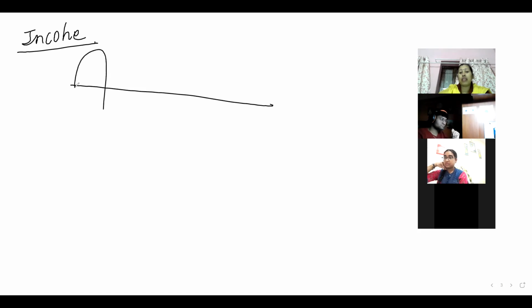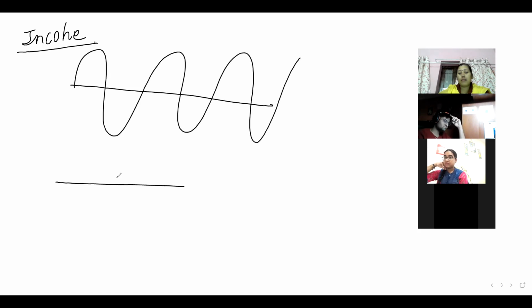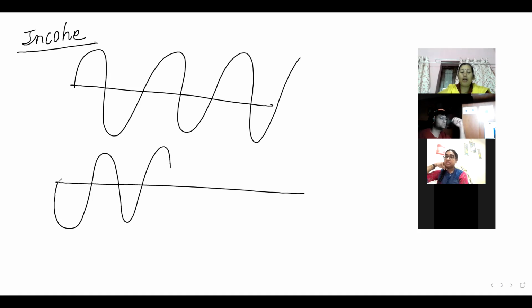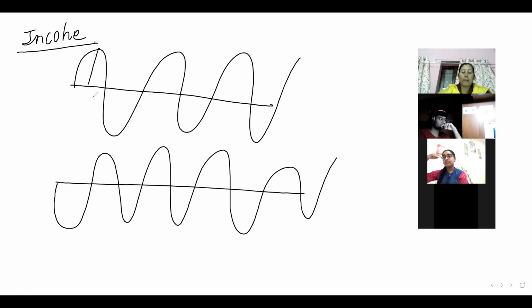Now the second point, incoherent source. Now just the opposite of coherent. Here the waves will be what? Will it be the same phase or out of phase? Out of phase. Good. Suppose this is of 2 amplitude, this is of 3 amplitude.